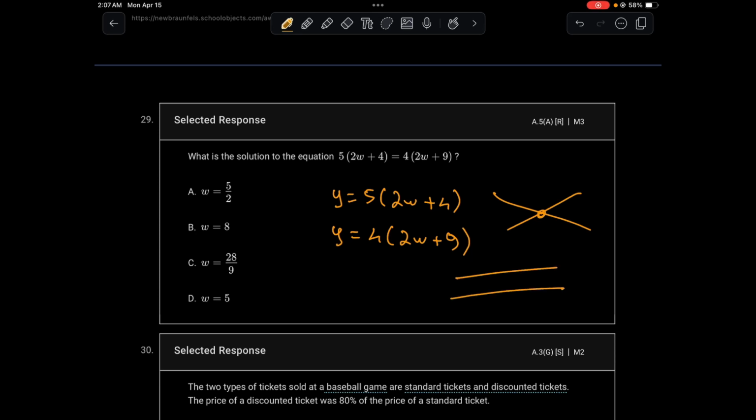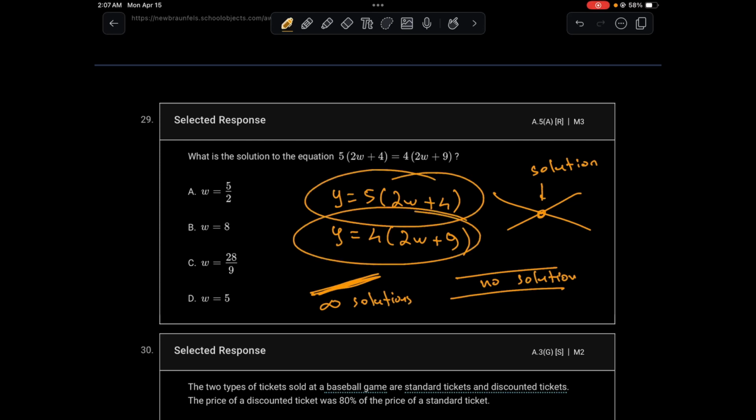If the lines are parallel, no solution. As I said, the intersection is the solution. And if the lines are one on top of the other, then there are infinite solutions. So let's do it this way.